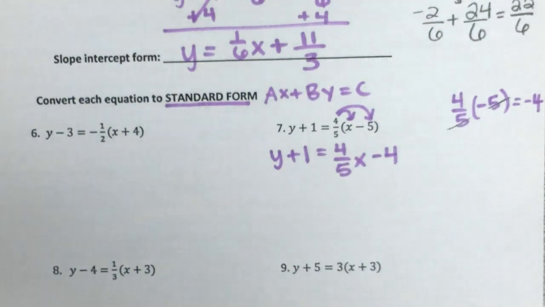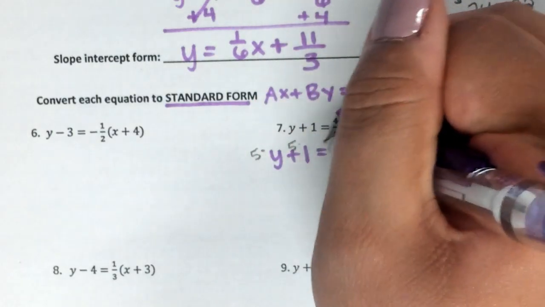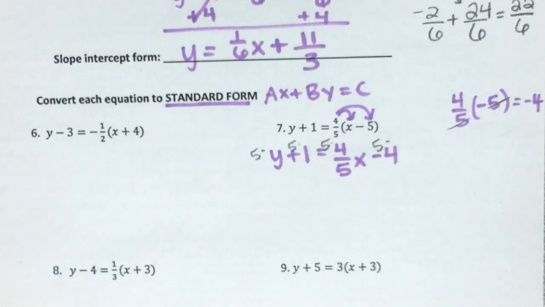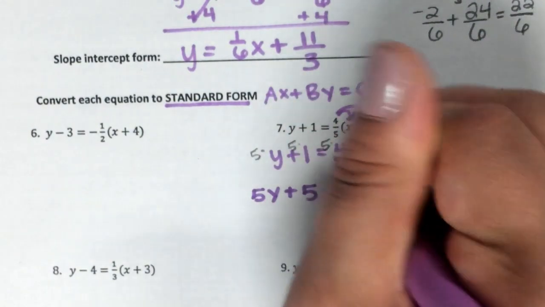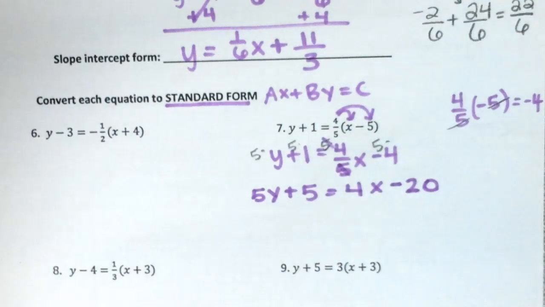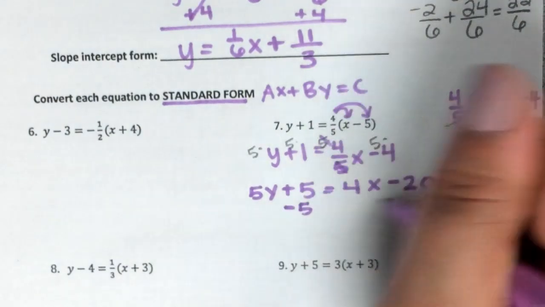Do I want to get this y equals? No, I want standard form. What am I going to do with standard form that's different? I got to multiply by that denominator because I can't have fractions in standard form. So that gives me 5y plus 5 equals 4x minus 20. Do you agree I got to get rid of the 5?